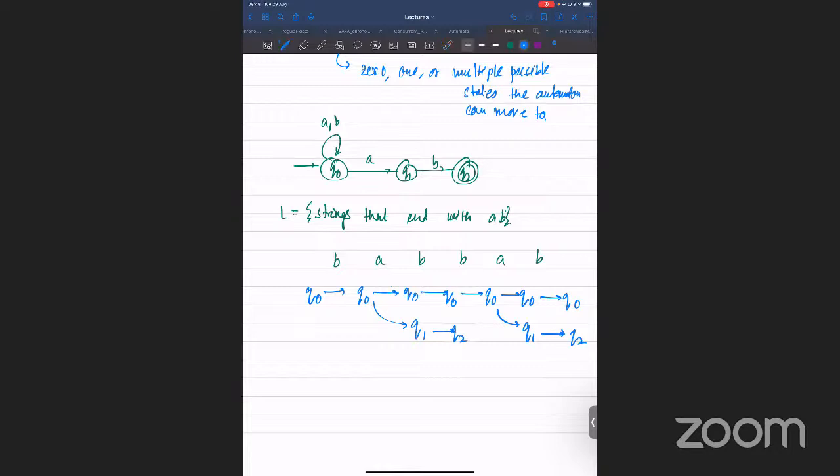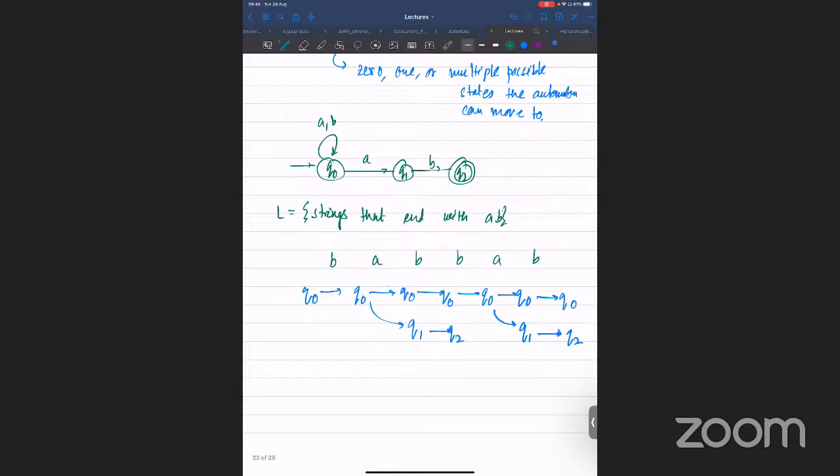So we say that a word is accepted if there exists an accepting run, correct? Good.